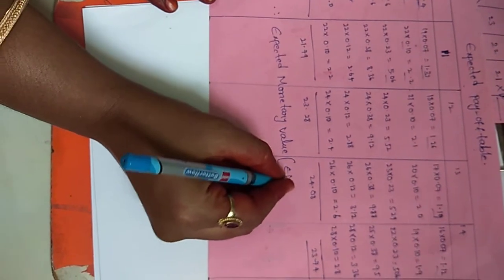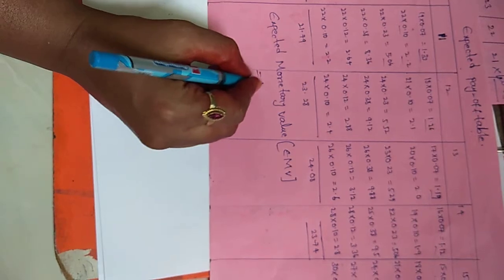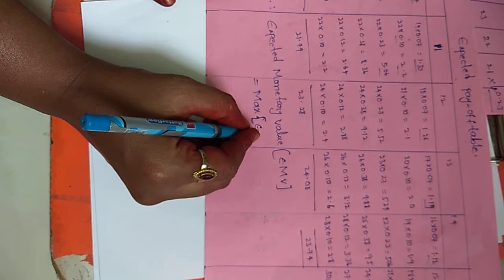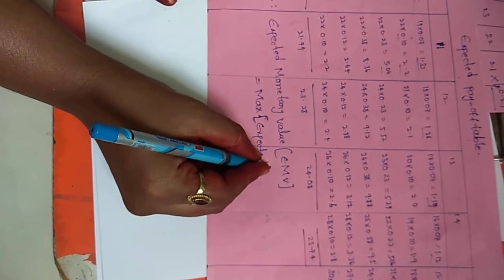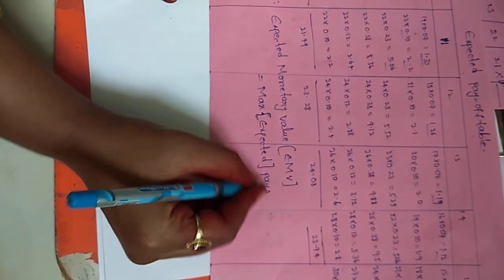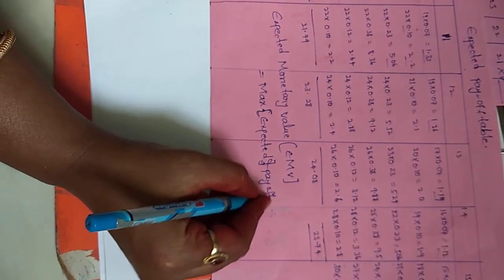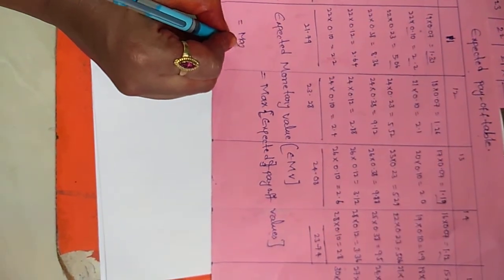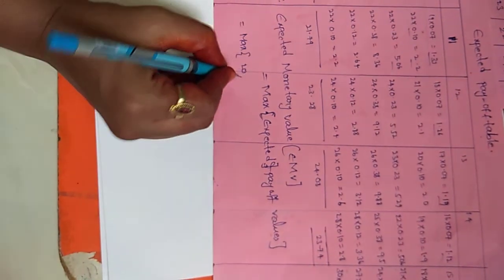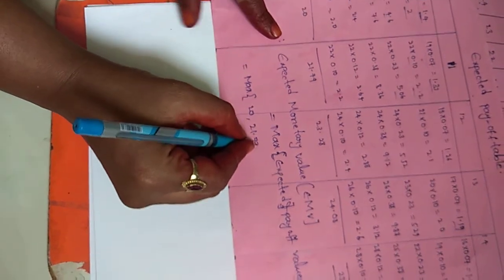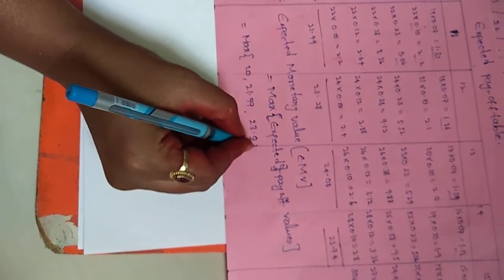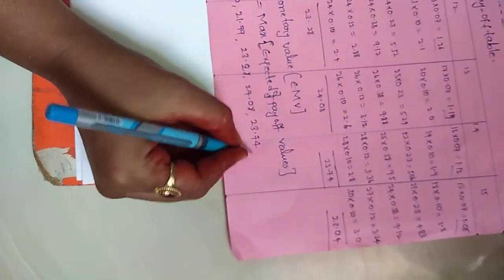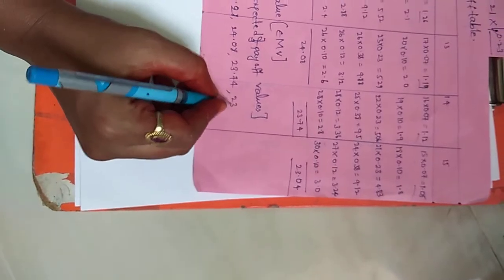It is represented as EMV. The formula is the maximum of expected payoff values, that is the maximum of these values: 20, 21.79, 23.28, 24.08, 23.74, 23.04.